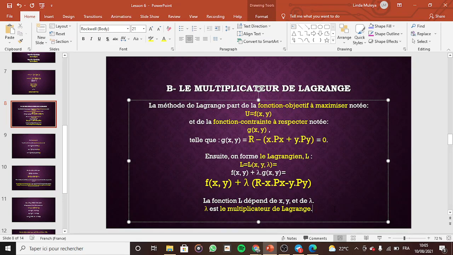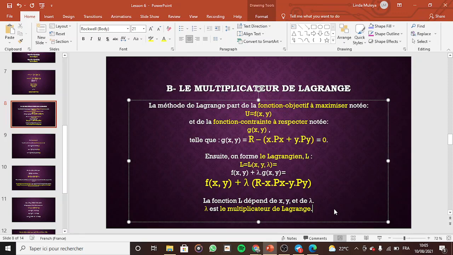The formula of Lagrange is made of two important parts. The first part is the function you're used to, the function of total utility, la fonction objectif à maximiser, which means you are trying to maximize the total utility that your consumer wants to get from the goods they're buying.